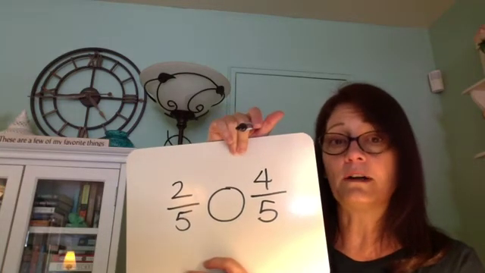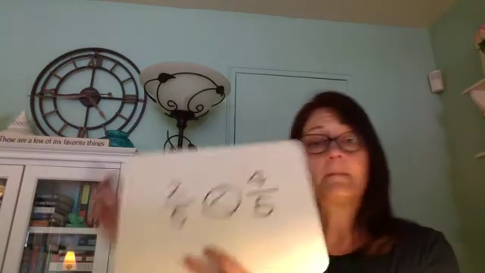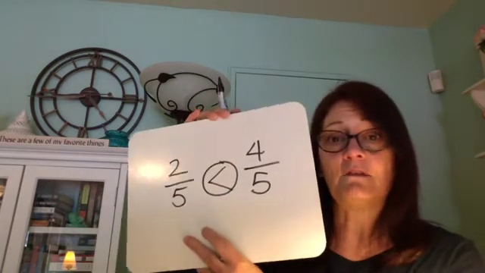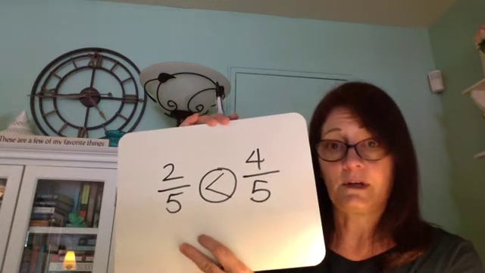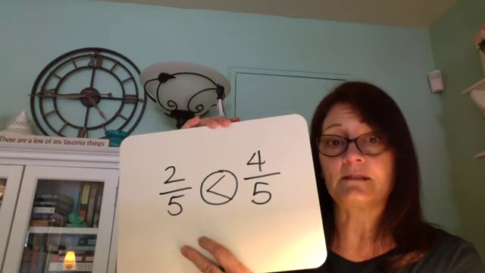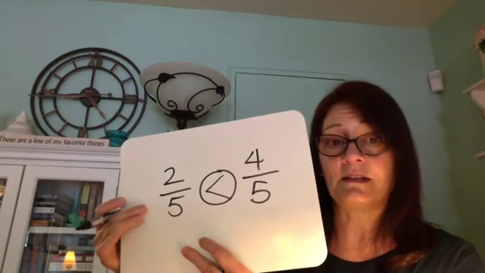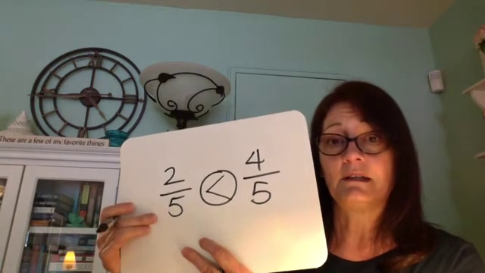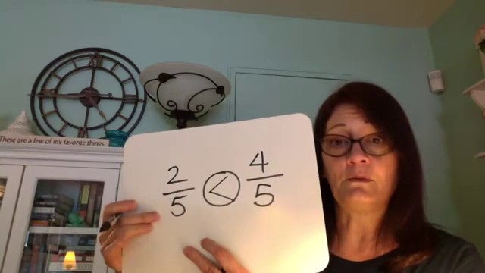So 4 is greater than 2, so 2/5 is less than 4/5. Okay? It's only if you have the same size piece. If the pieces are the same size, the denominator is the same, then you just compare the numerators.